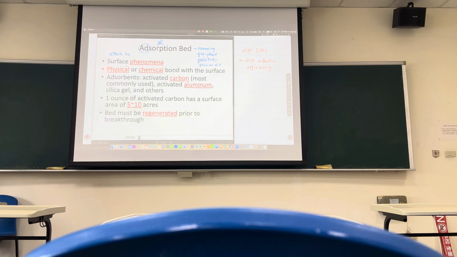One is physical adsorption, but this is very weak, something like van der Waals force. And the other is chemical bonding.